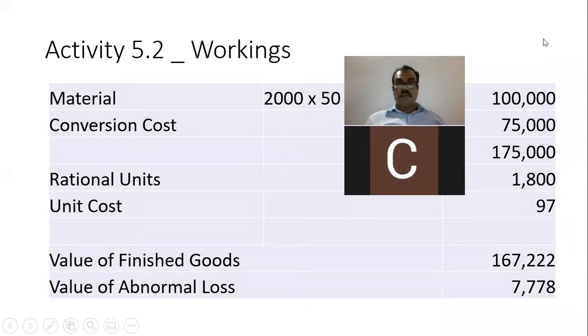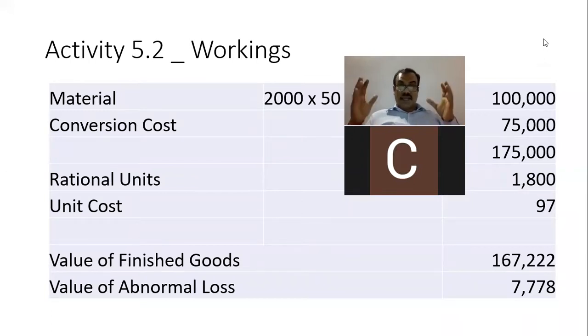Yes, good question. One asked: it means that the denominator to be used when calculating the cost per unit is expected production and not the actual production. Yes, you're right. Not the actual, expected. Because you follow this expected normal loss.